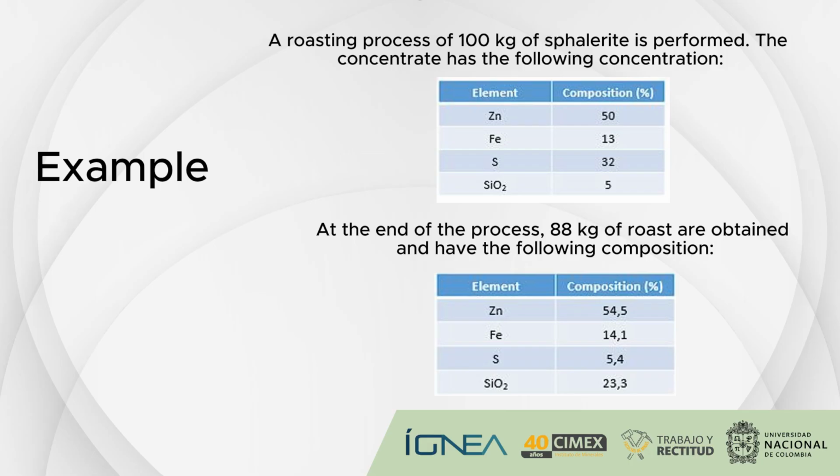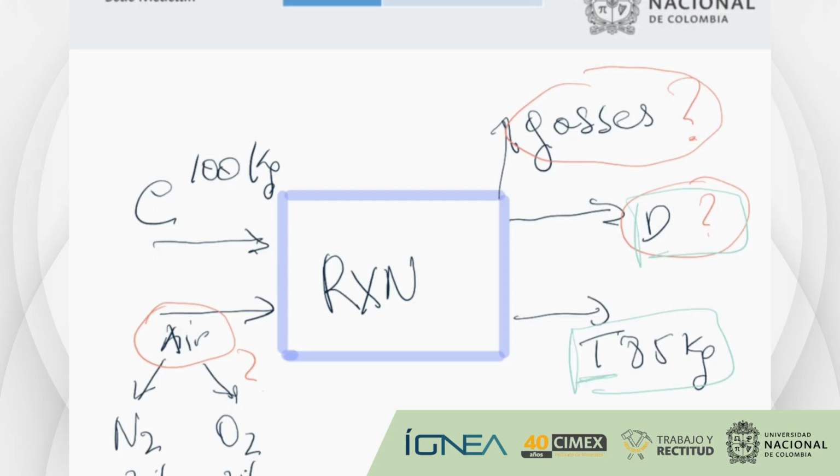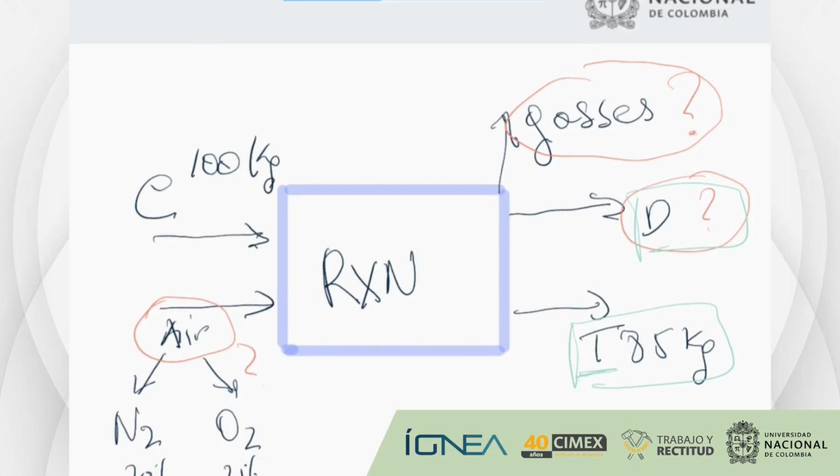And as a result, the roasted product has 54.5% of zinc, 14.1% of iron, 2.7% of sulfur, 5.4% of silicon, and the rest is oxygen. It's important to say that we are changing a sulfide for an oxide. This is the result of the roasting process.